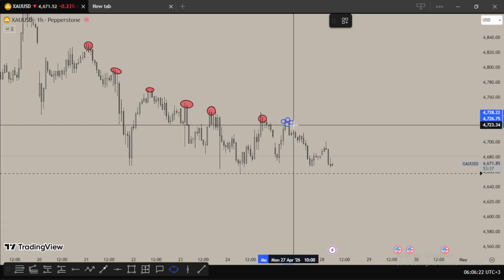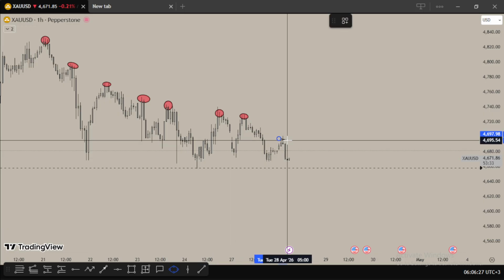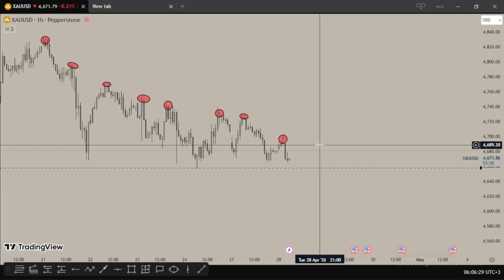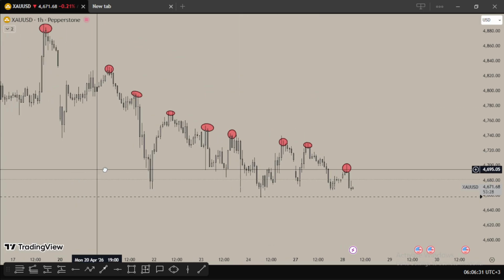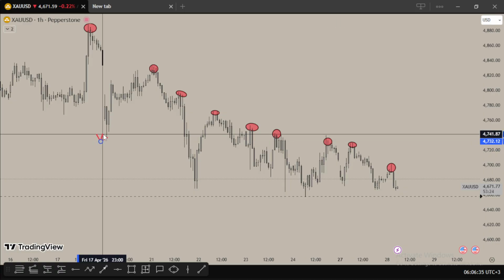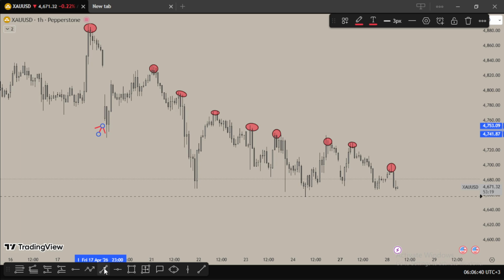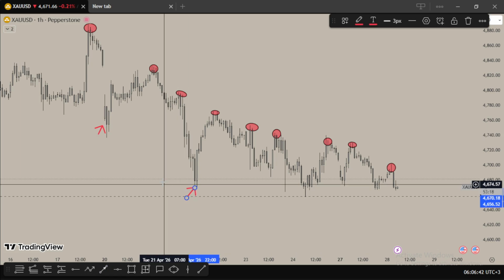Now price has eventually reached a final level of sellers. So what do you expect price to do from now? The next thing we are looking at is where buyers are situated. Look at this level, there's buyers, at this level there's buyers.